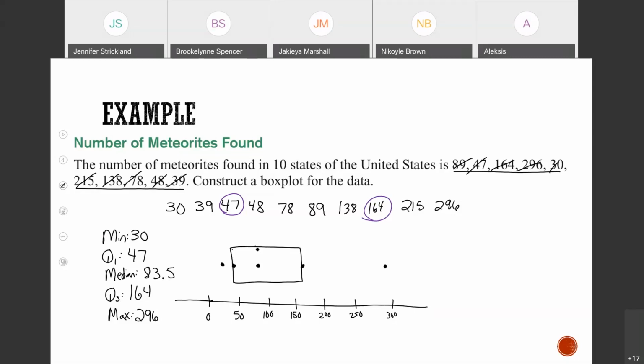Draw a line through the median, so it cuts the box into 2 pieces. And we connect those points.